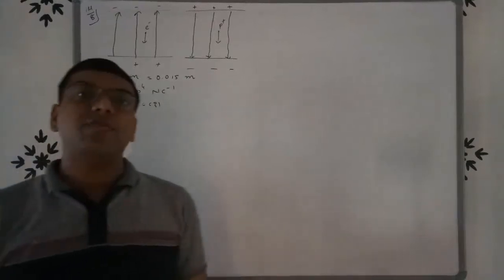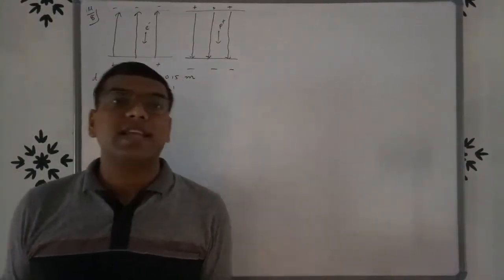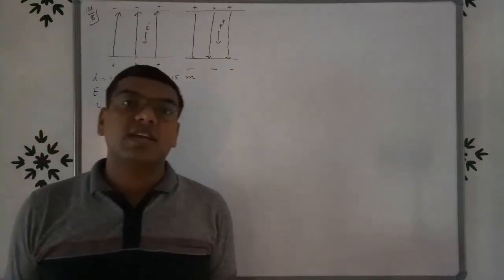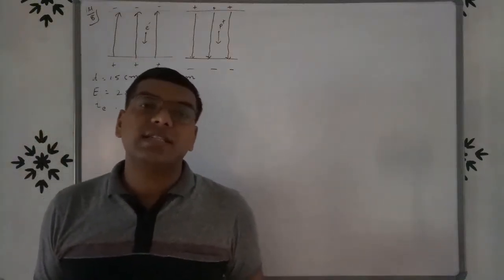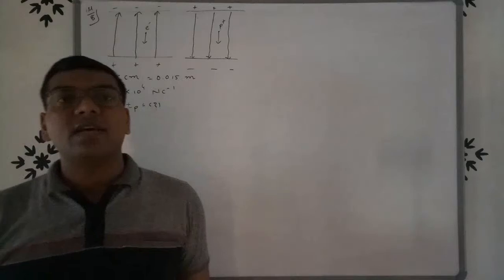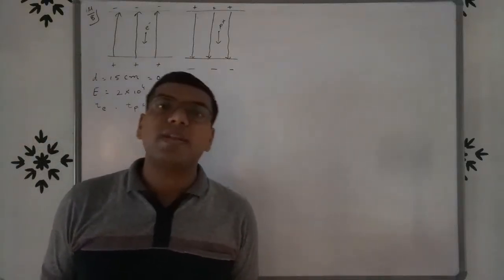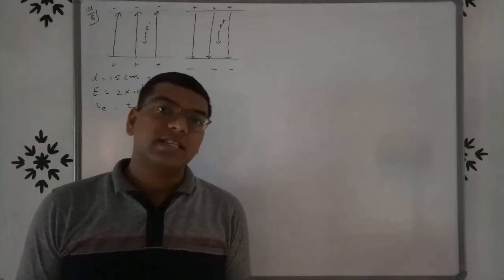So again, we use the concept of uniform accelerated motion, and if we know the distance and we have to find out time, then we use the formula d is equals to v0t plus 1/2 at square.